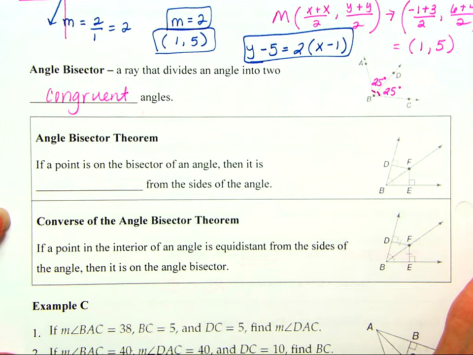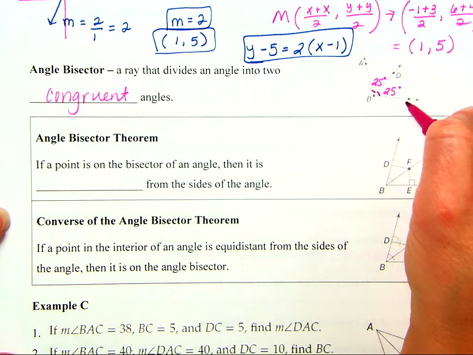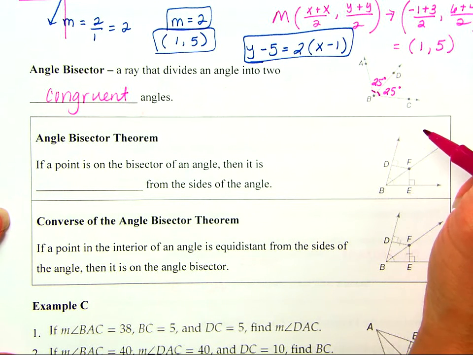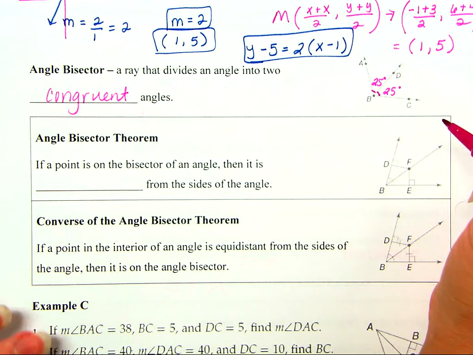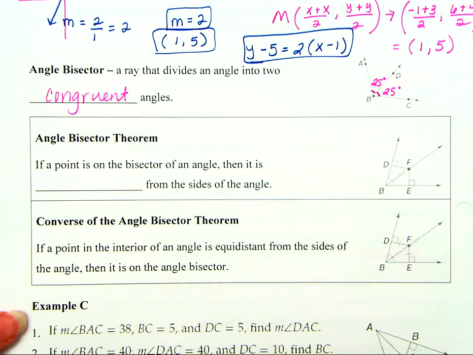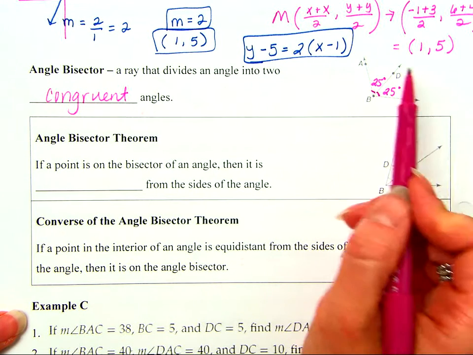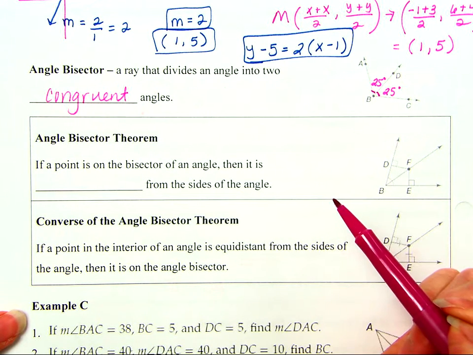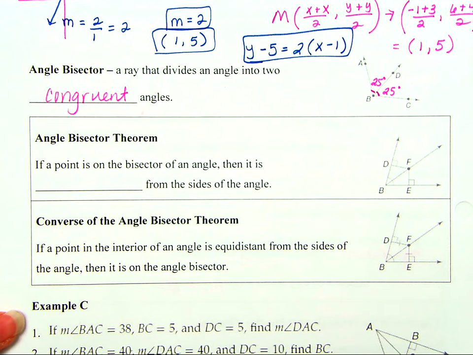Now I just want to point out though that that doesn't tell me anything about my side lengths. So I cannot mark those congruent. Those still could be different lengths. However, noticing my point D on my angle bisector here, I know that's running right down the middle.